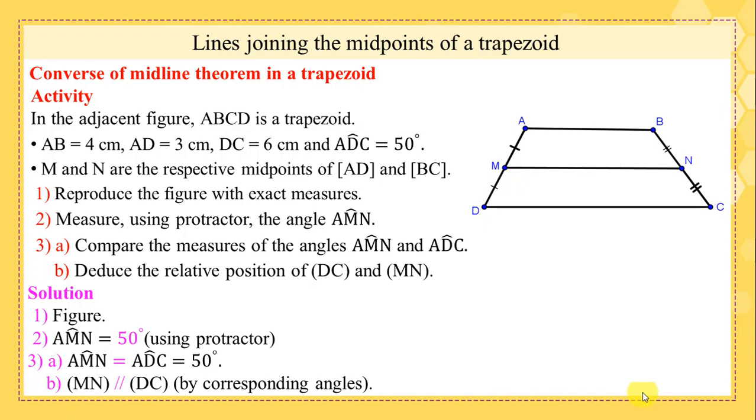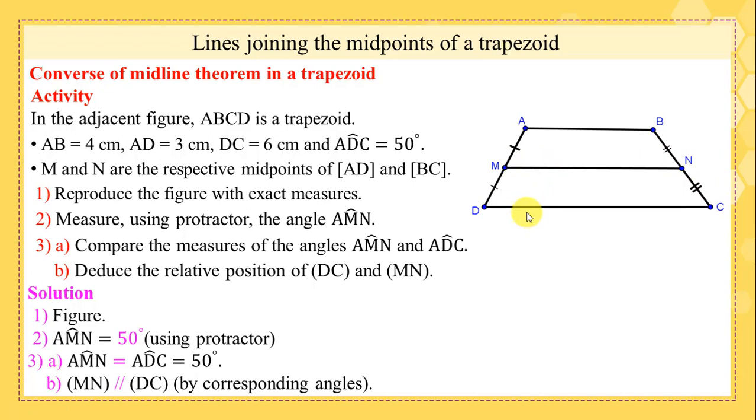What do we conclude from this activity? As we see here in the activity, ABCD is any trapezoid, M is the midpoint of AD, and N is the midpoint of BC. What did we conclude? We concluded that MN is parallel to DC.